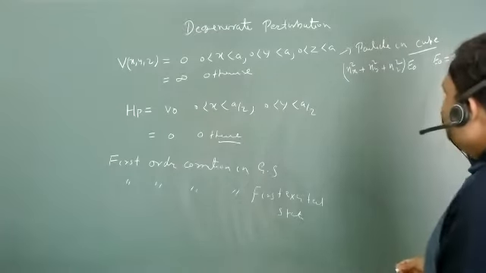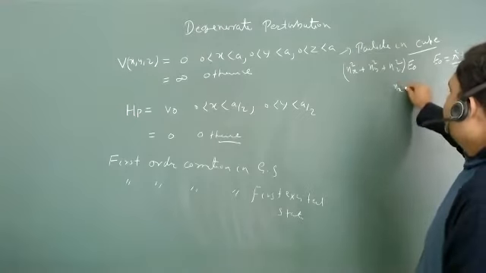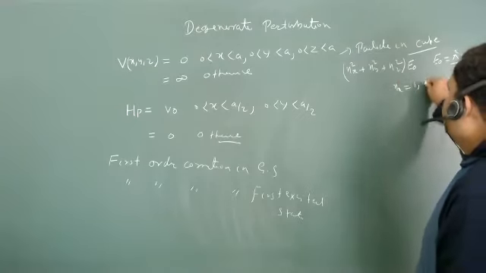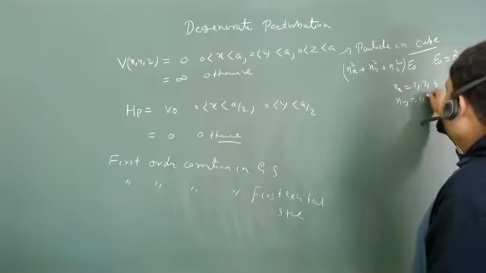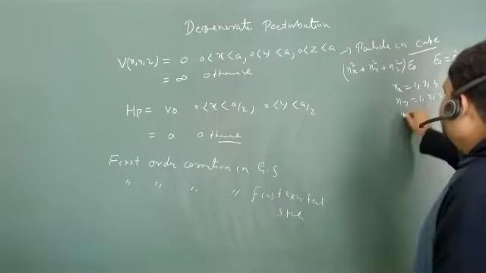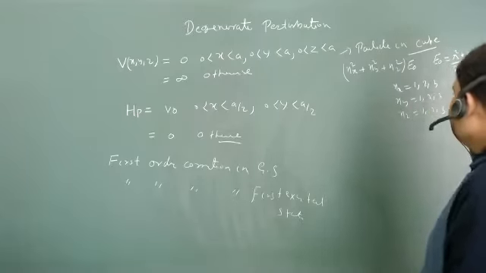But what are the allowed values of nx, ny, nz? They are independent values, and nx is 1, 2, 3, and so on. ny is also allowed 1, 2, 3, and so on. And nz is also allowed 1, 2, 3, and so on.